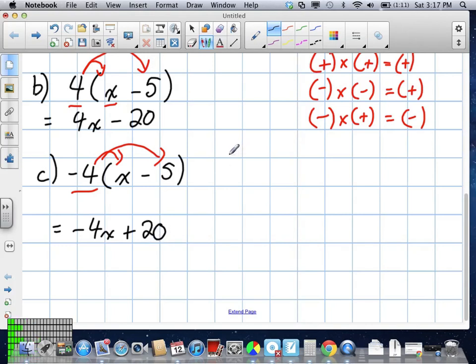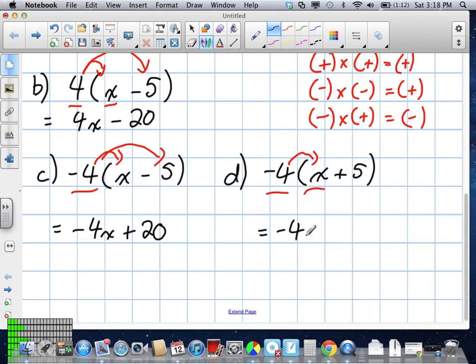Okay? And then let's go through D, the only other one we haven't done. We're using the same numbers over and over, just with different symbols or operations in front of them. I want you to try to tell me this one. So what do I have to do? Negative 4 times x. That would be negative 4, because the x is a positive.